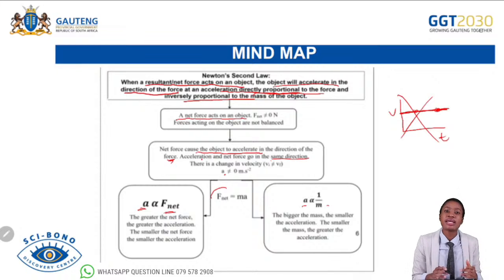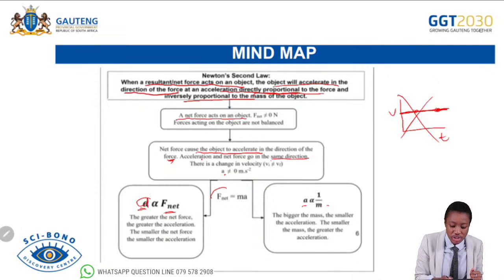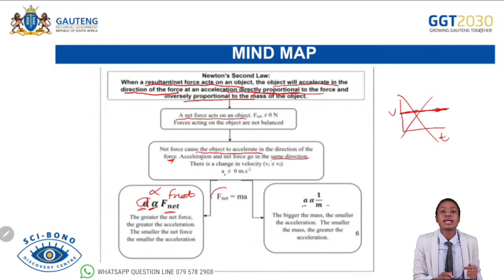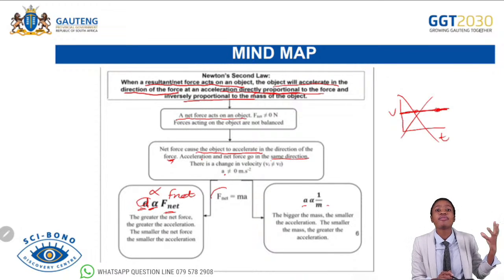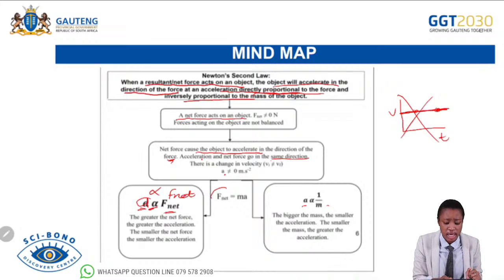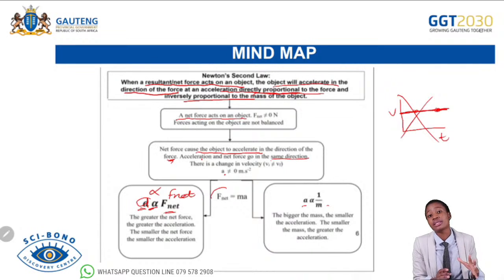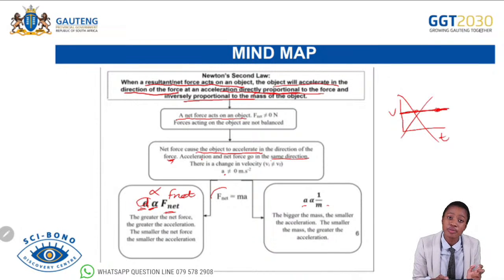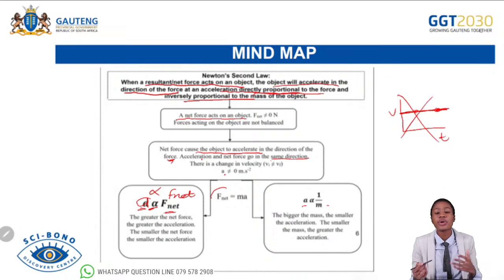So what are we saying in terms of direct proportionality? When acceleration is directly proportional to F net, what does that entail? It means that if we increase the force, acceleration will increase. If the net force decreases, so will the acceleration. So the greater the net force, the greater the acceleration, and the opposite is true: the smaller the net force, the smaller the acceleration.